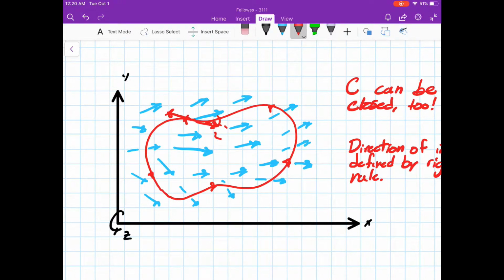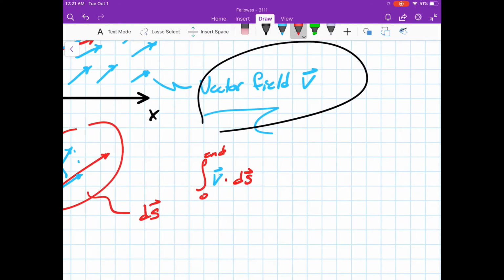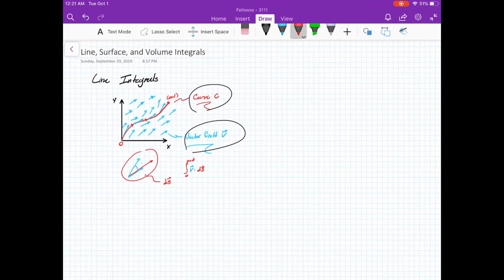This is negative compared to ds, so that would detract from the sum as we go all the way around, and then it would accumulate more down here because the vector field is more in line with the curve. Then it would sum to 0 where it's perpendicular, and then we start subtracting more again over here. It's the exact same thing as we do over here. We integrate from 0 to the end.